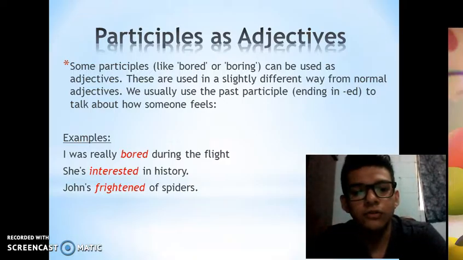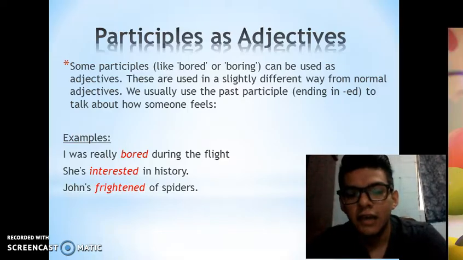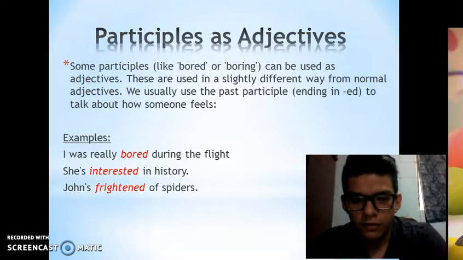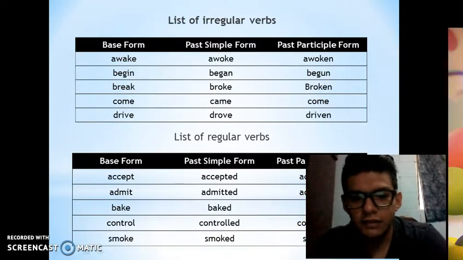We usually use the past participle ending in ed to talk about how someone feels. As you can see, guys, this says we usually use the past participle ending in ed. If you remember the list of the verbs, let me show you. This is the ed form.